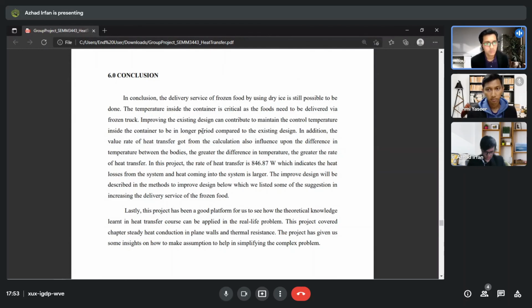And we also suggested some ideas to improve the existing design. This project has given us some insights on how to make assumptions to help in simplifying a complex problem.